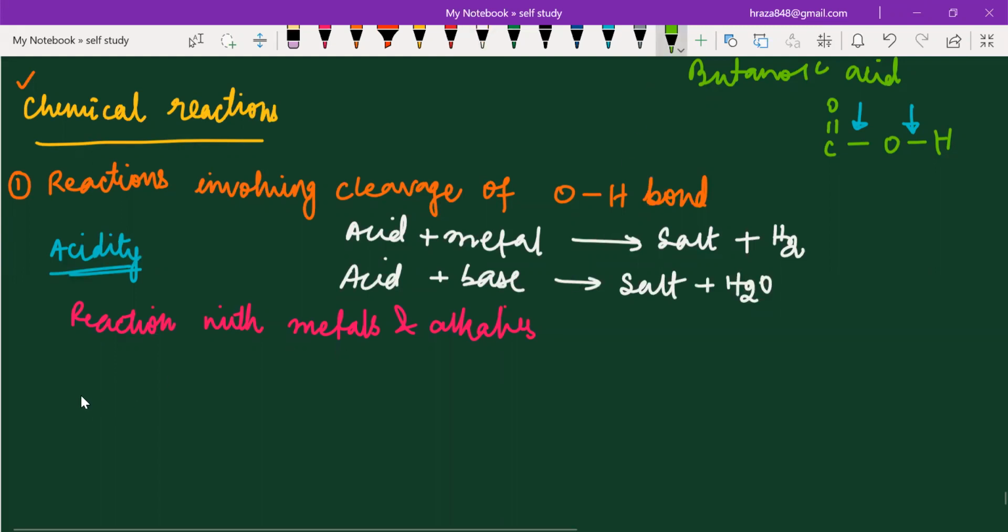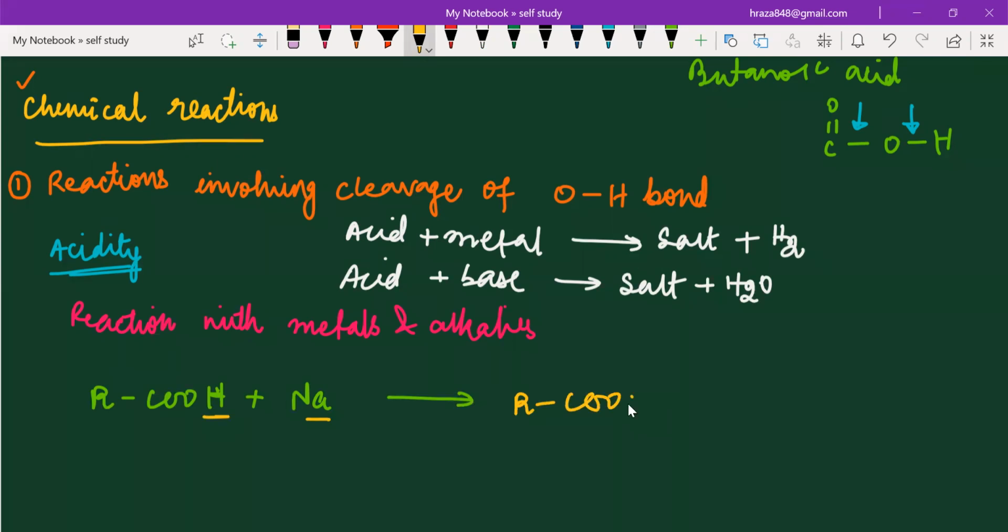Now if you react this carboxylic acid with sodium, you replace this hydrogen with Na and you get a salt, RCOO minus Na plus, and hydrogen gas will be released. This H plus will combine to form H2, and you can easily balance it. So this is your carboxylic salt, and this is your hydrogen gas.